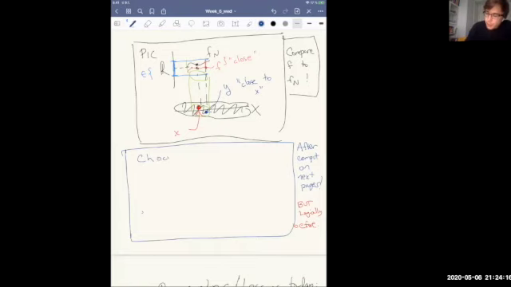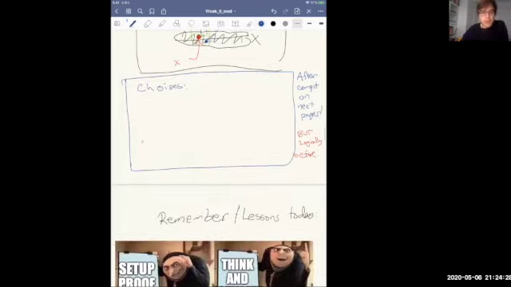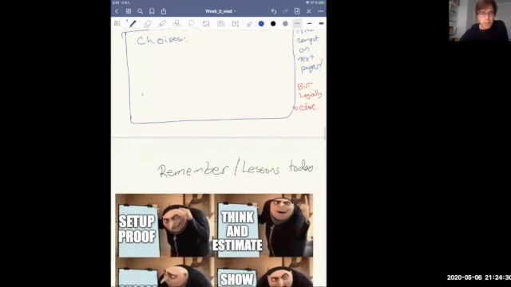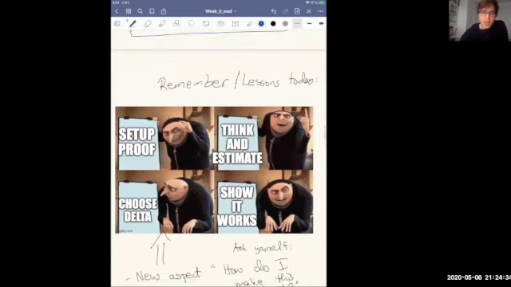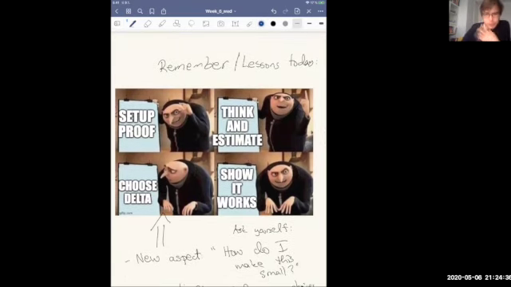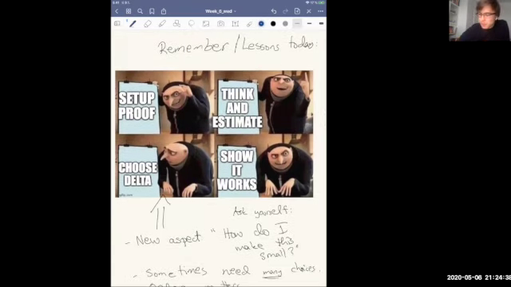So I'll write here choices. So we need to make choices, but we cannot do it before we actually know what choices need to be made. So this is similar to the scheme that we've seen in this meme before.